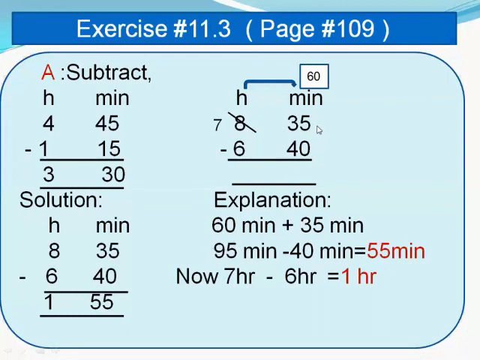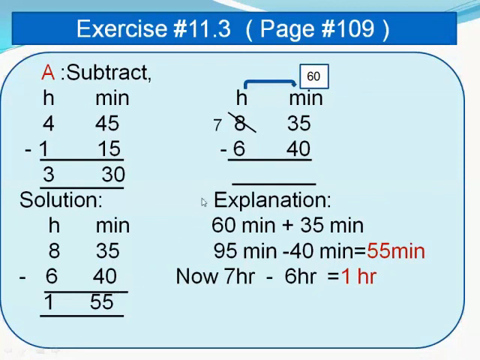Now the value in the place of 35 becomes 95. Now it is quite easy to subtract 95 minutes minus 40 minutes, which is equal to 55 minutes.